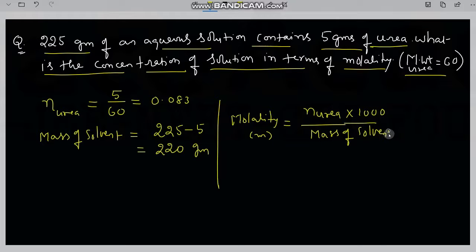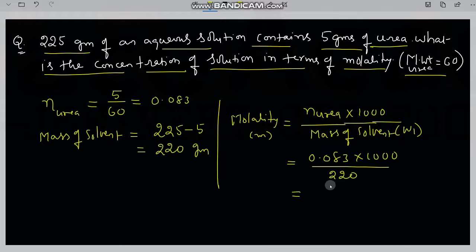Mass of solvent, you can say capital W1, you can use any symbol you want. So the number of moles of urea we got is 0.083, into 1000, by the mass of solvent. The mass of solvent we got is 220 only.